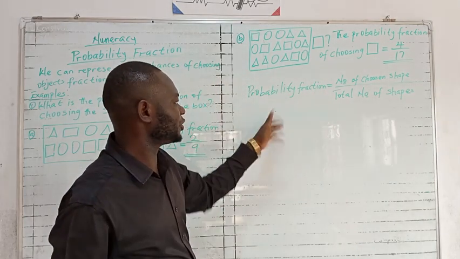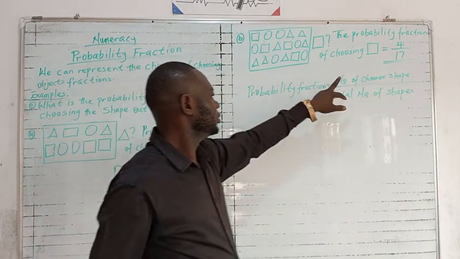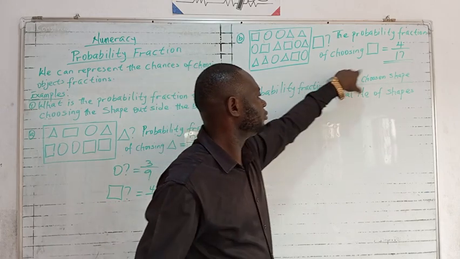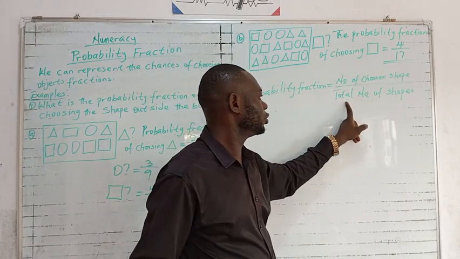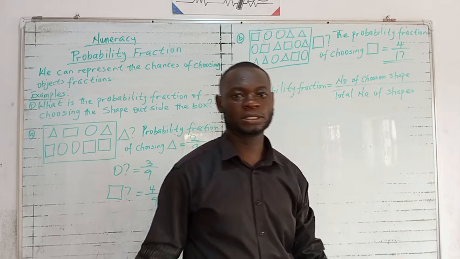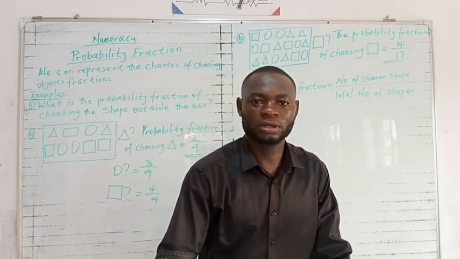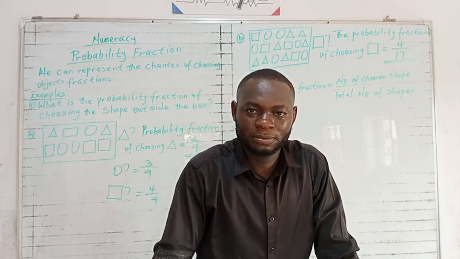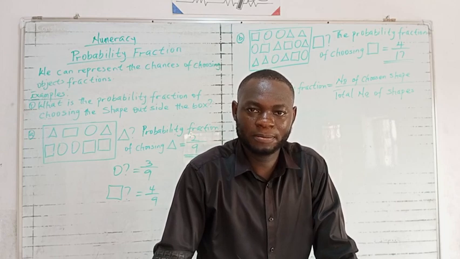So probability fraction now has a formula, which means number of chosen shapes all over total number of shapes. All right? Okay?